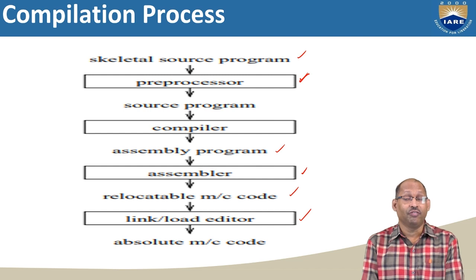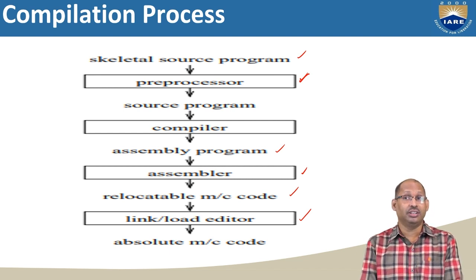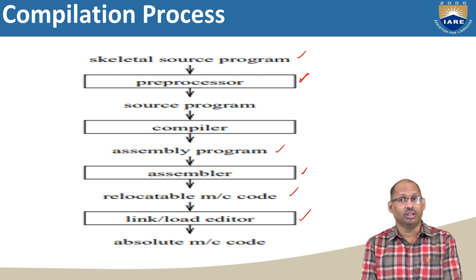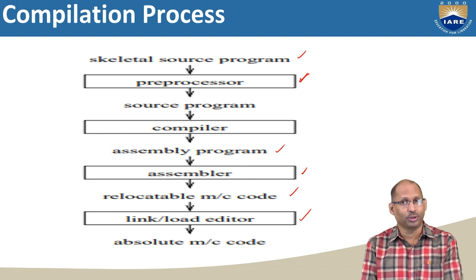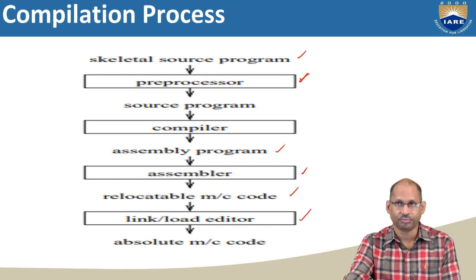Here we get the absolute machine code, which can execute by taking some input and gives the final output. So that is the complete compilation process.